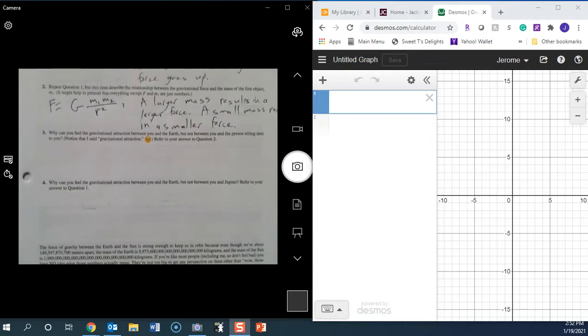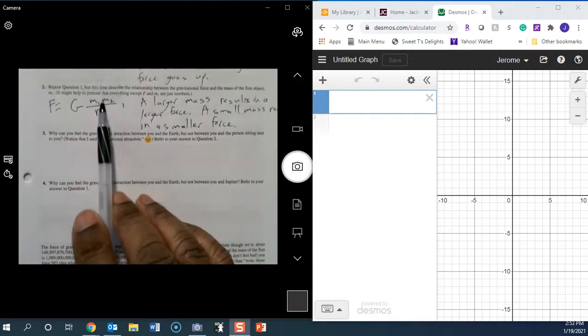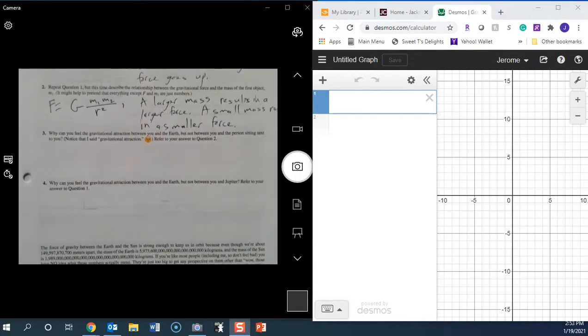Why can you feel the gravitational attraction between you and the earth, but not between you and the person sitting next to you? Notice that I said gravitational attraction. Refer to the answer to question 2. When they're talking about referring back to question 2, it's dependent on the mass, because the person sitting next to you will have their mass.